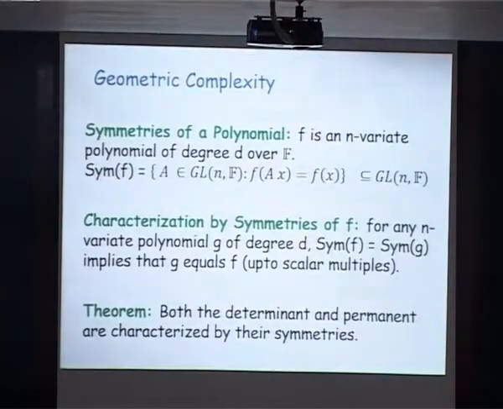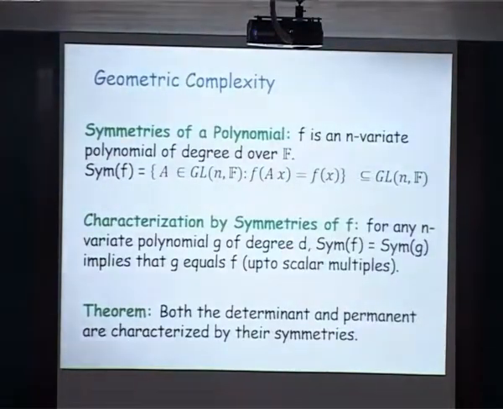So maybe a simpler example might be better. For example, consider just one monomial, say x1 through xn. Now, what are the symmetries? First of all, you can permute all the variables, so that doesn't change the product.